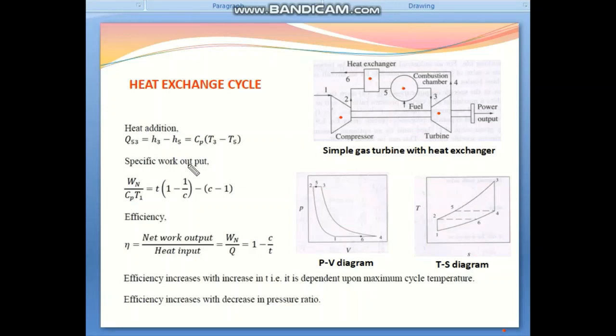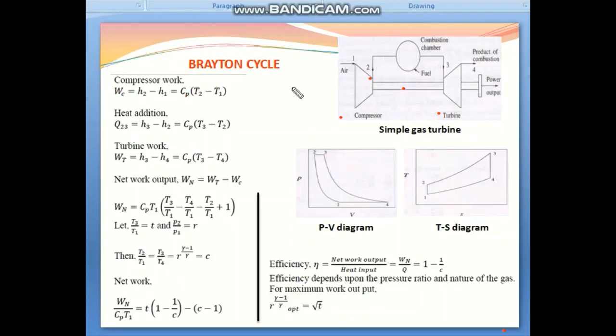Now the specific work output formula is Wn by Cp T1. This is the Brayton cycle process. One thing that I am going to remind you is that Wn is nothing but Wt minus Wc, the turbine work minus the compressor work.